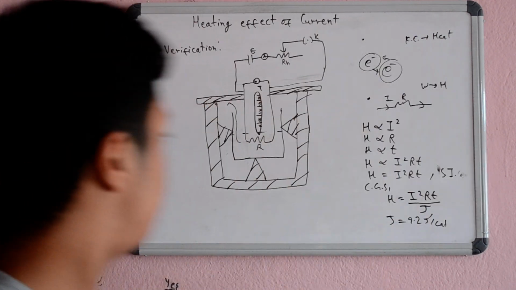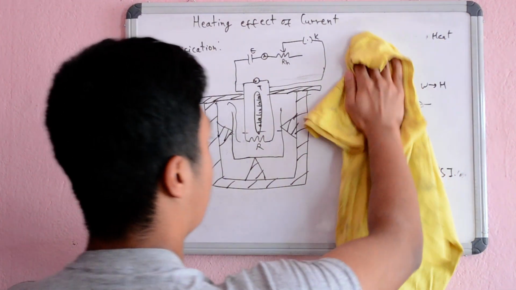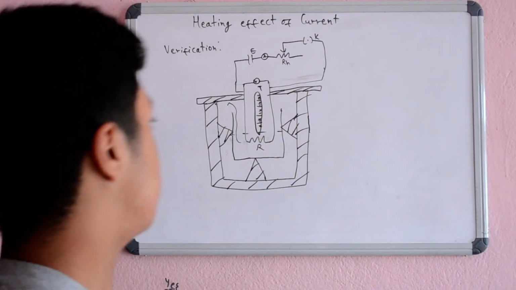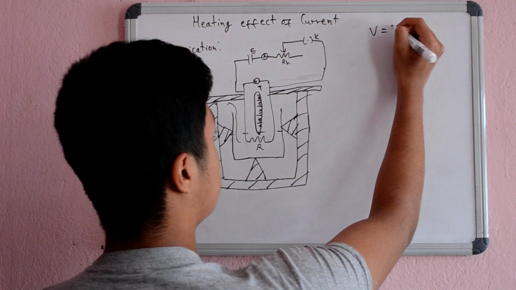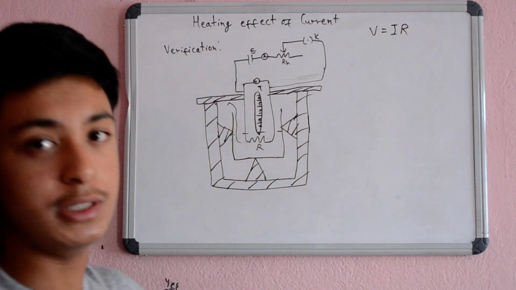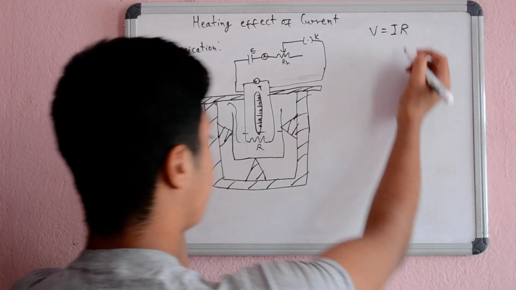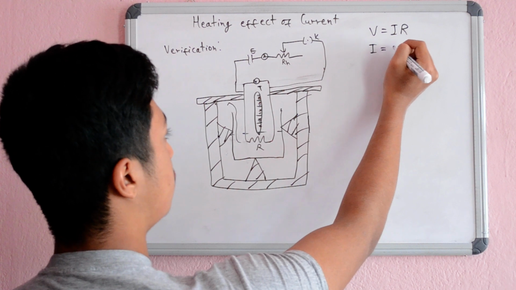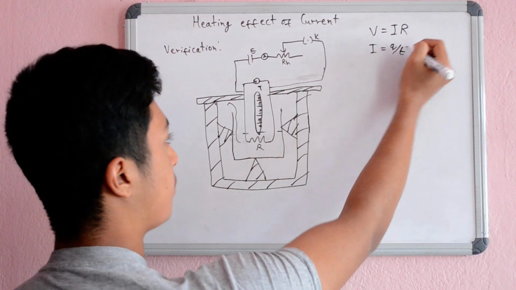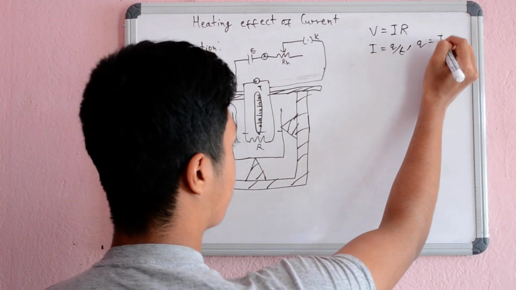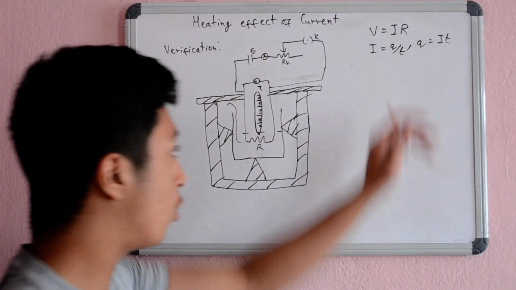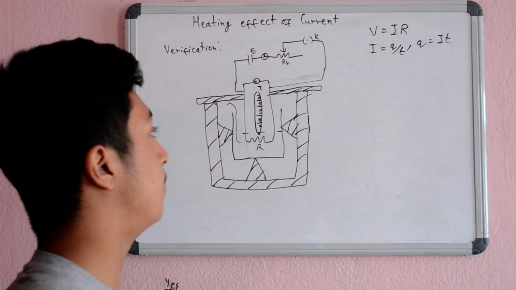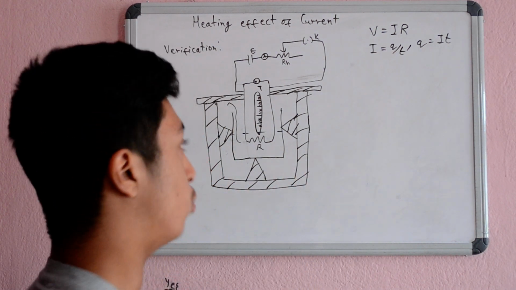Now we can also do a derivation of the heat produced. We know that the potential difference is equal to the current into resistance, and that current is equal to charge by time, or charge is equal to current into time. We don't use I equals Q by T here because in the heat equation we don't have charge, but what we do need is work done.